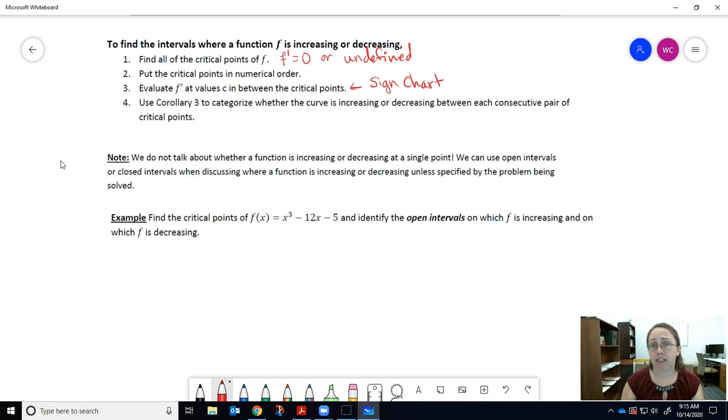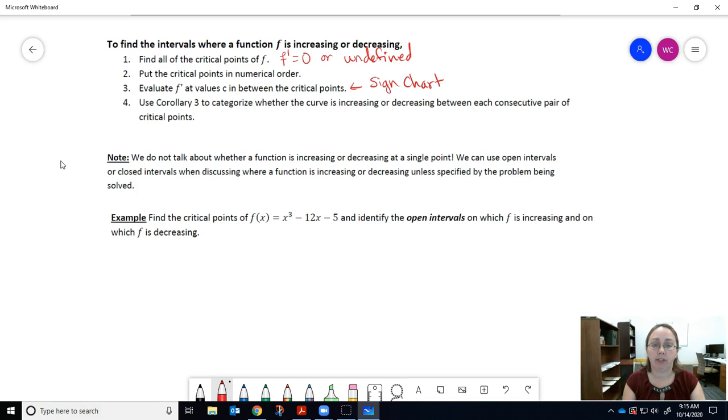My lab is going to specify, I expect, that you're going to answer in a certain way. So if you notice that they're wanting you to answer in a particular way, but they don't actually spell it out and say, use open interval, or over what open interval is this increasing? Over what closed interval? If they don't specify, you're going to need to learn what they want so that on the test you know. Okay, let's do an example.